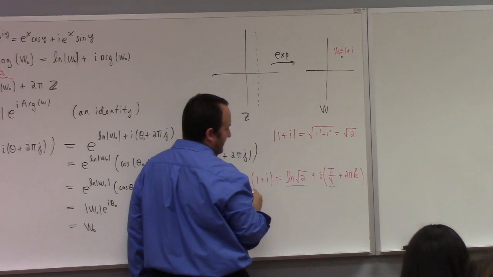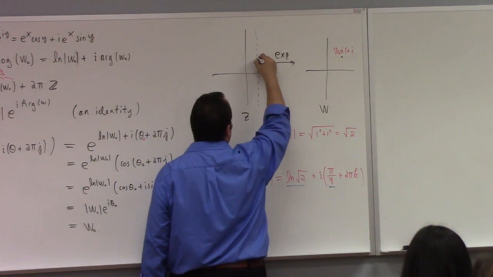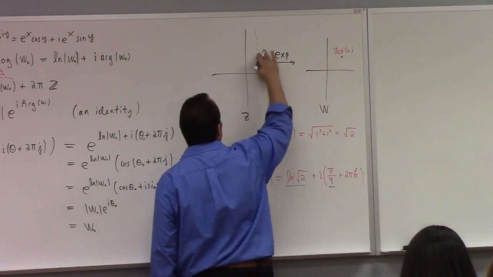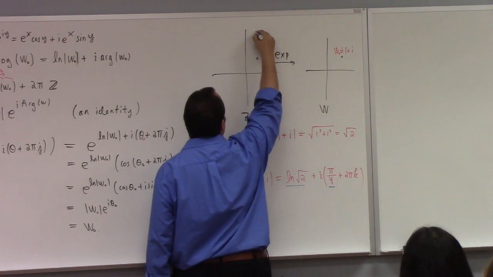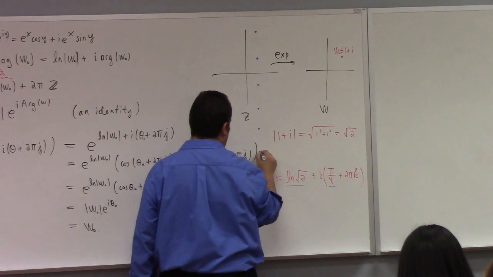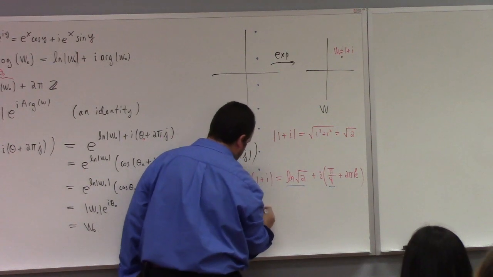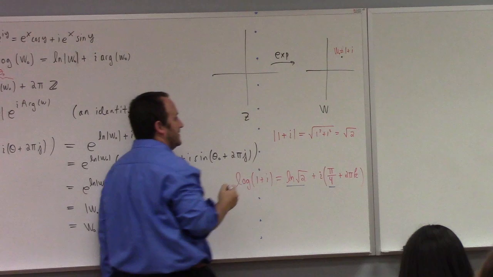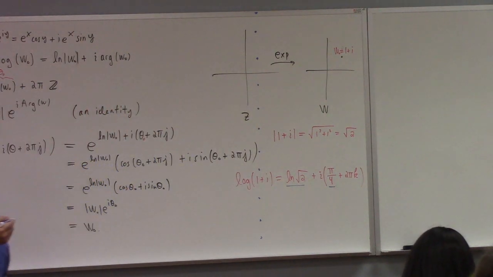Pi over 4 is about, so I think the first value is in here somewhere, all right? And then the deal is, every 2 pi, there's another value. And this goes on, and on, and on, and so forth. If I was a taller person, I could draw the whole fiber, but the fiber is an infinite set of points, right?